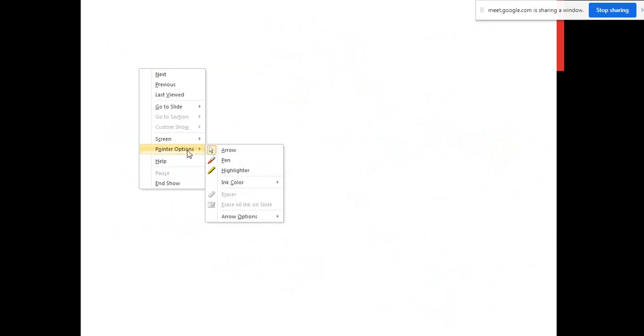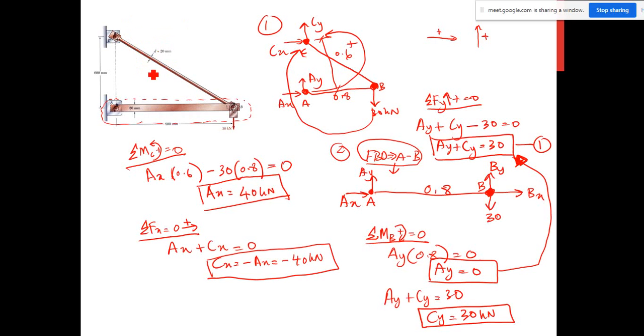Okay, now you have AX equal to 40 kilonewton, AY equal to 0. CX equal to... where is the CX?